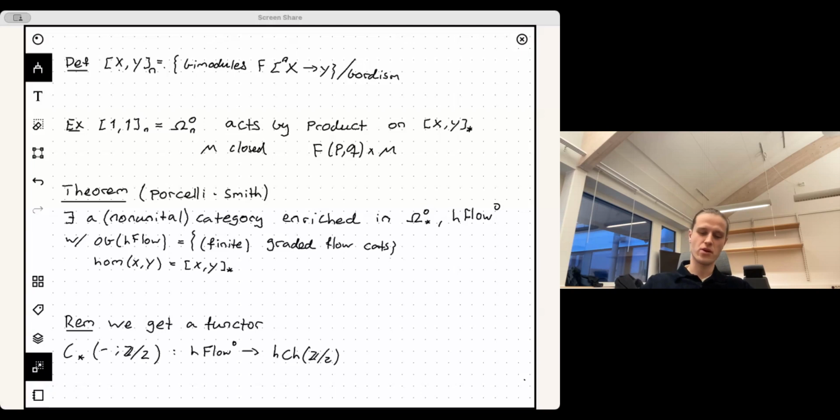And so non-unital is a bit annoying, right? Units in flow categories are in general a bit annoying, and I will basically avoid them for this entire talk. I wish there was a better way, but the problem is that you would really like to say that the identity bimodule X to X has something like X_PQ equal to X times the interval or something like that.